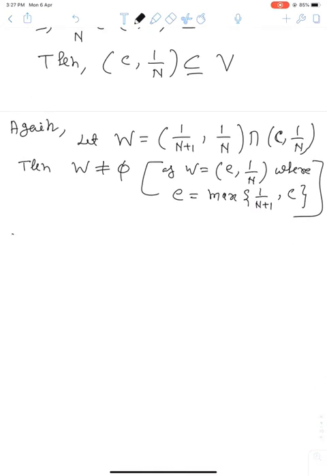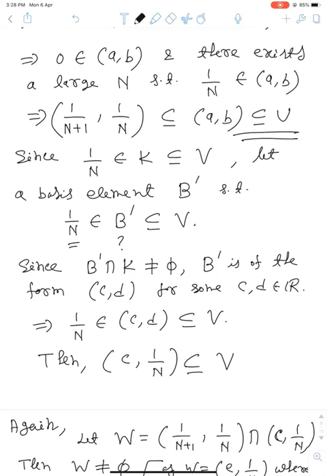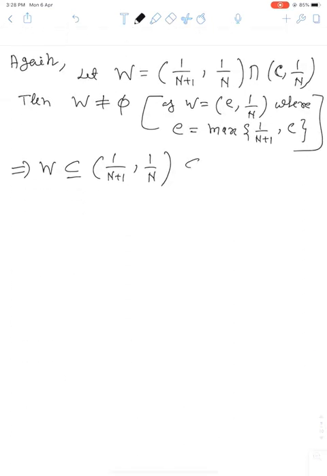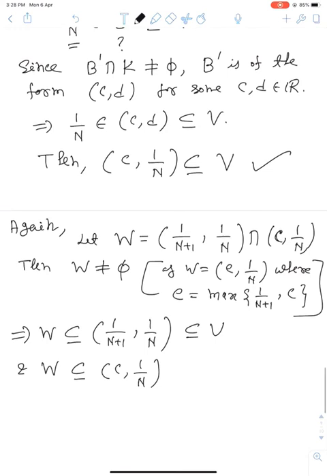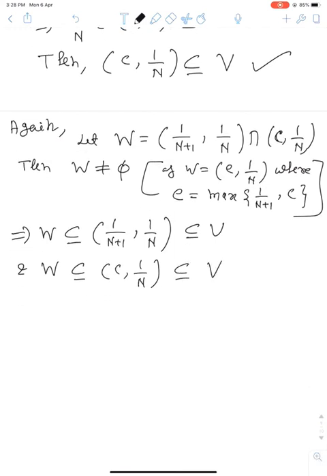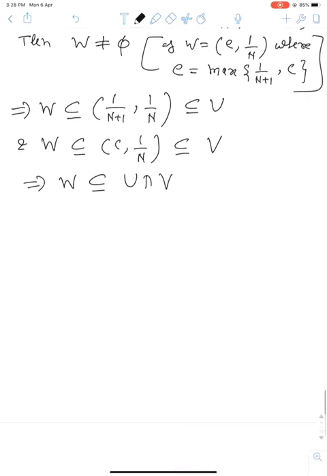Now W is a subset of 1 by n plus 1 comma 1 by n, and we have seen that that is a subset of U. So W is a subset of U, and W is a subset of C comma 1 by n, which is a subset of V. That will imply W is a subset of U intersection V, and this is a contradiction.